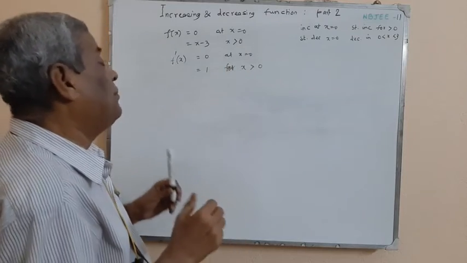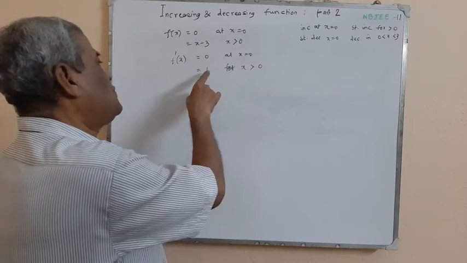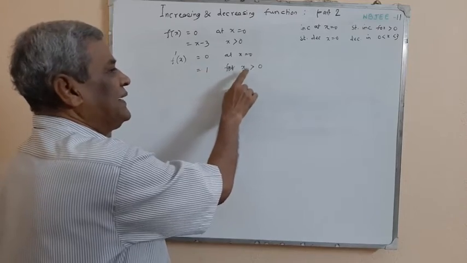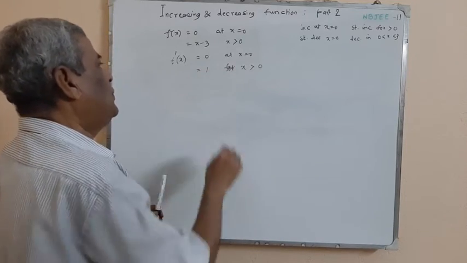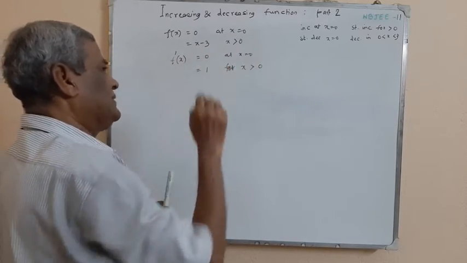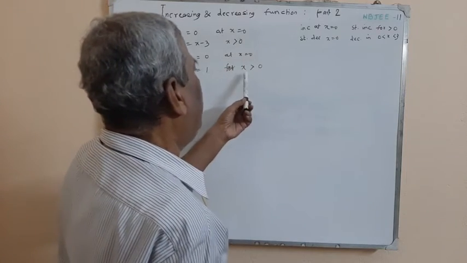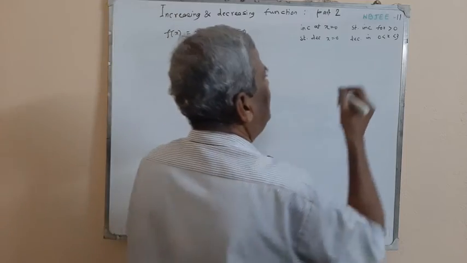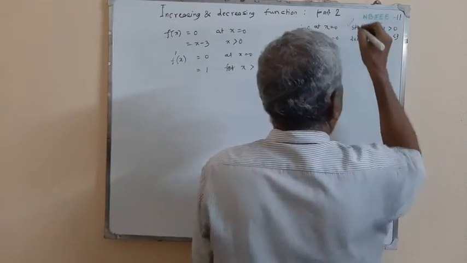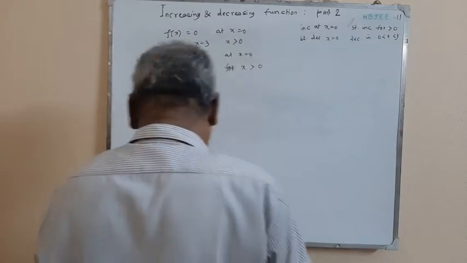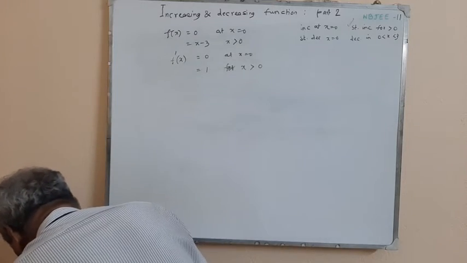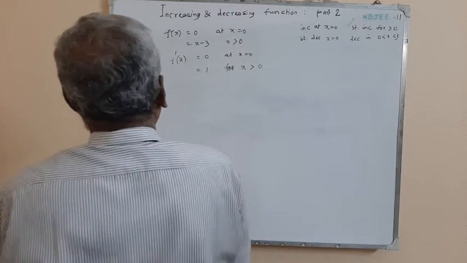So the derivative is positive for x greater than 0, and 0 at 0. So the function is strictly increasing for x greater than 0. So this answer is all right. Next.